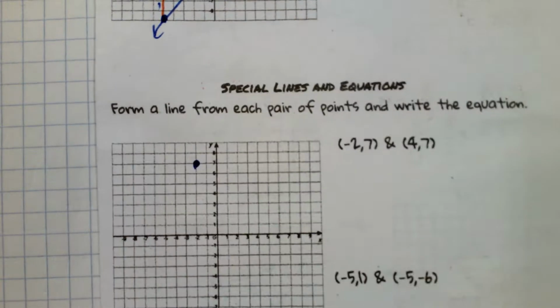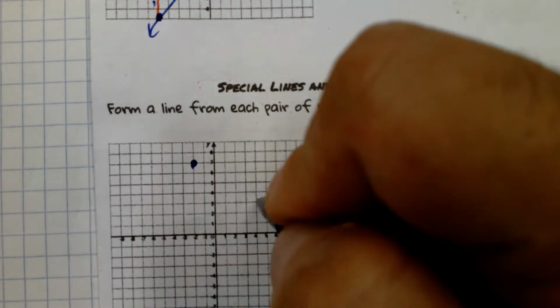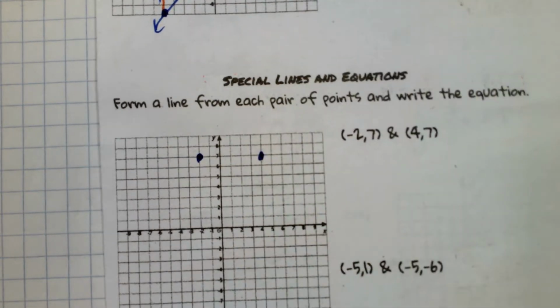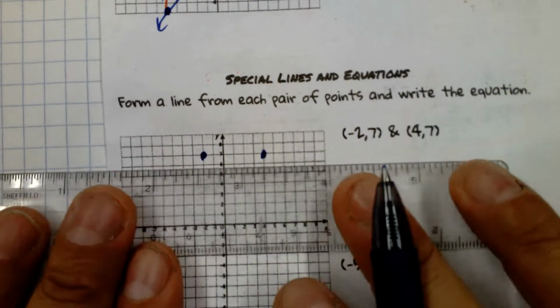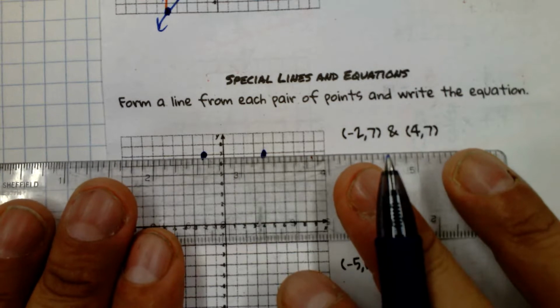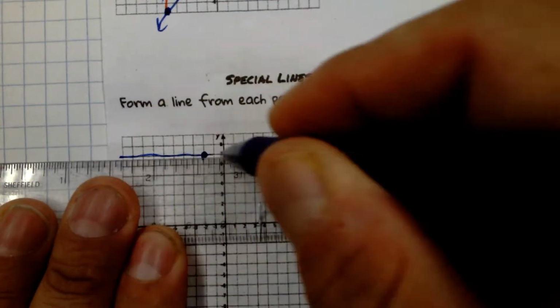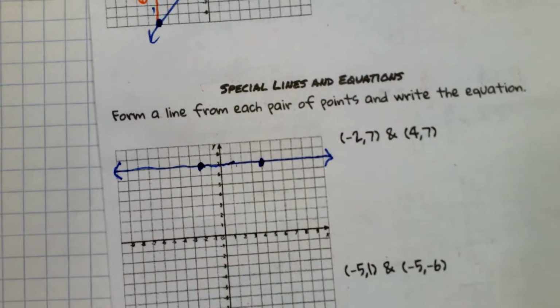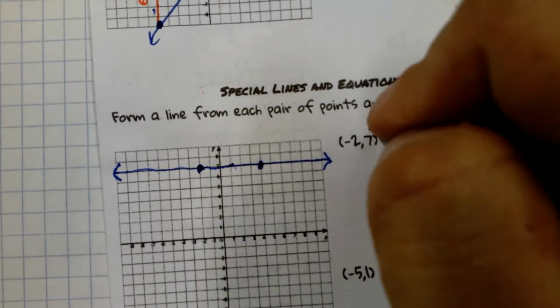So -2, 7 is right here. And 4, 7 is right there. Let's make this line. What do you notice about this line? Yeah. Another way to describe it starts with the letter H. It's a horizontal line.